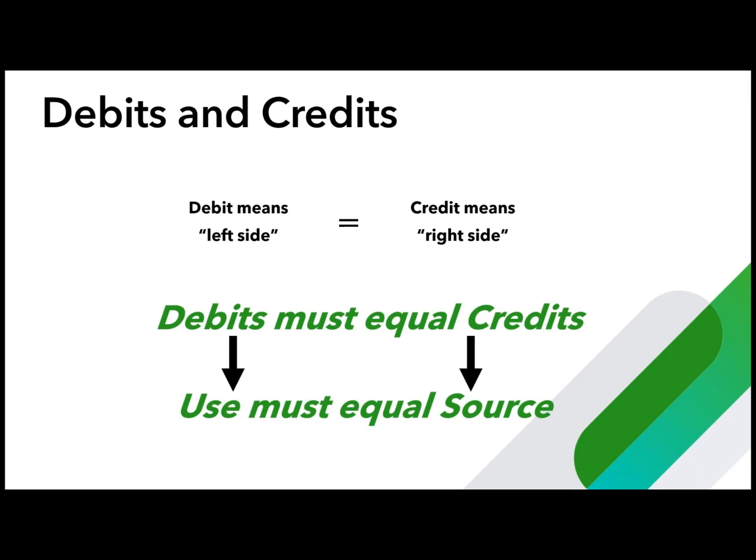In general, you debit the account that represents the use or where the value goes, and you credit the account that represents the source or where the value comes from. Please note, this is a general rule. There are exceptions, but this rule should help you understand the debits and credits for basic transactions.